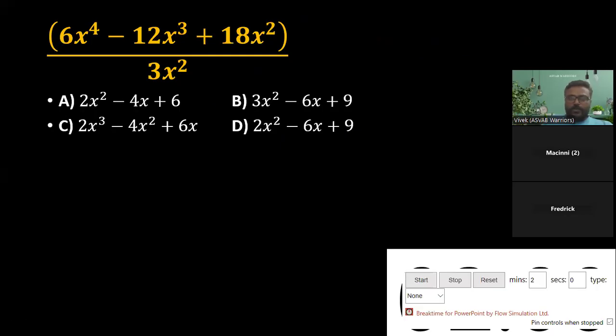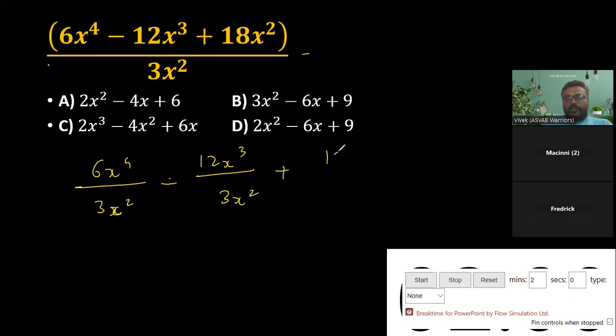I'll solve this question for you guys. First, we will have to divide this individually. Each term needs to be divided individually. So this 6x to the power 4 divided by 3x square, minus 12x to the power 3 divided by 3x square, plus 18x square can be divided by 3x square as well.